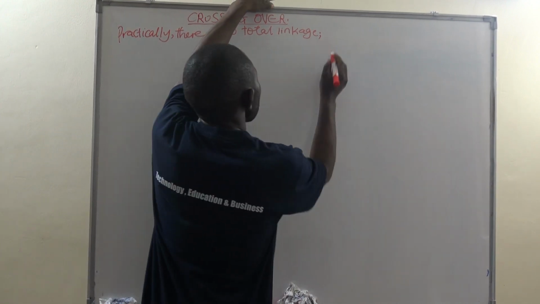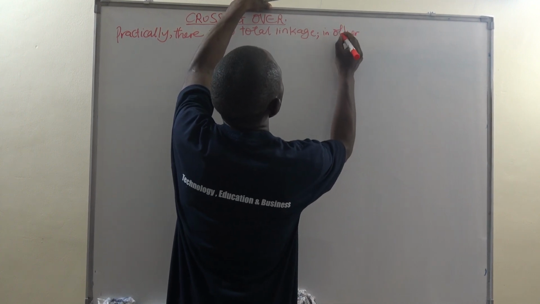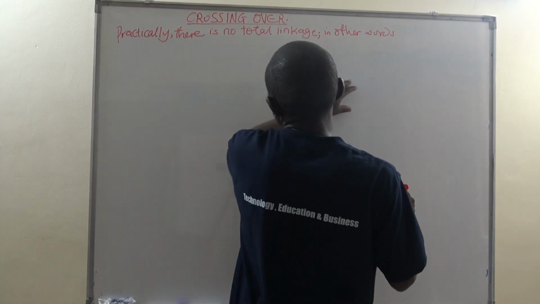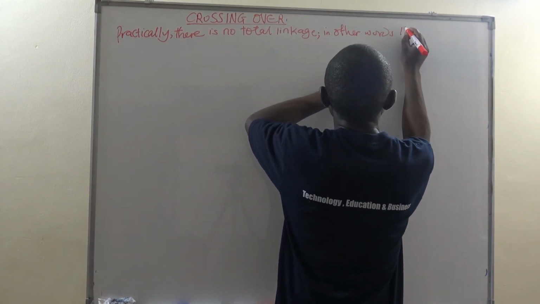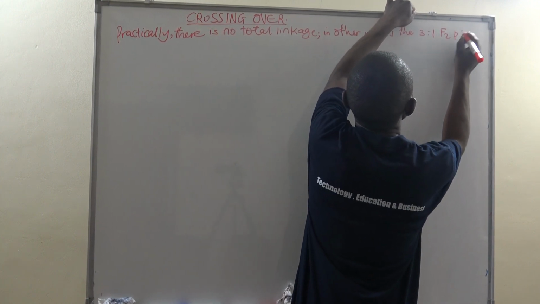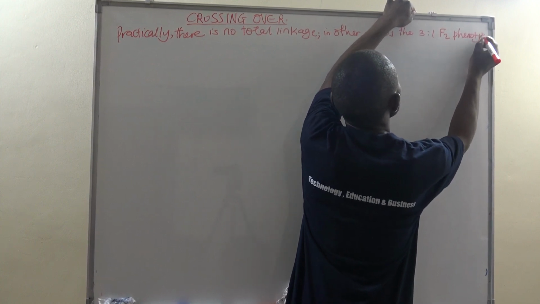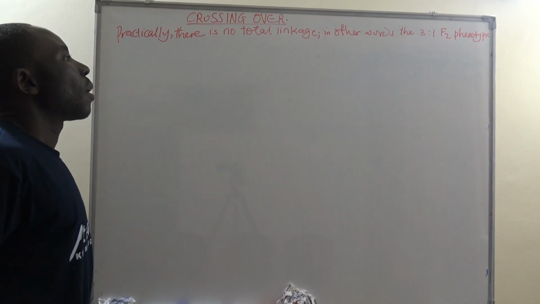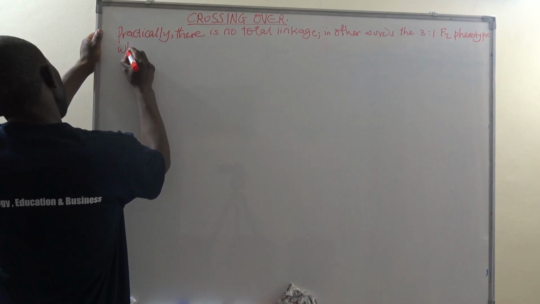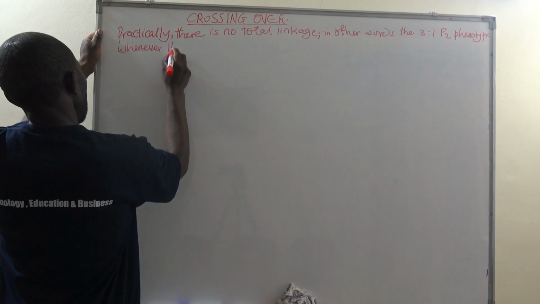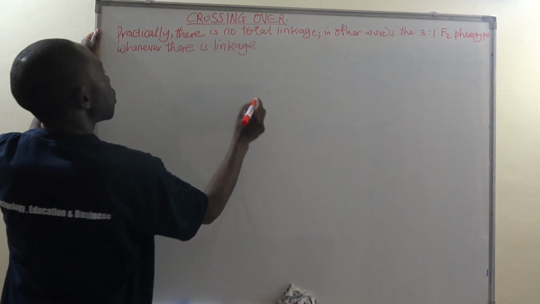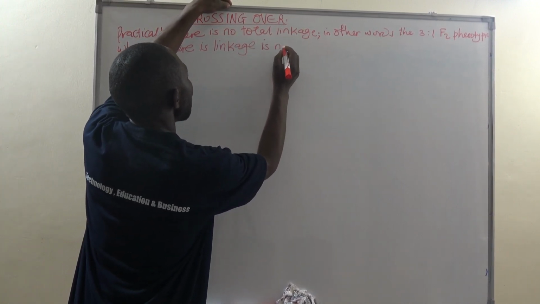In other words, the 3:1 F2 phenotypic ratio, whenever there is linkage, is not achieved.